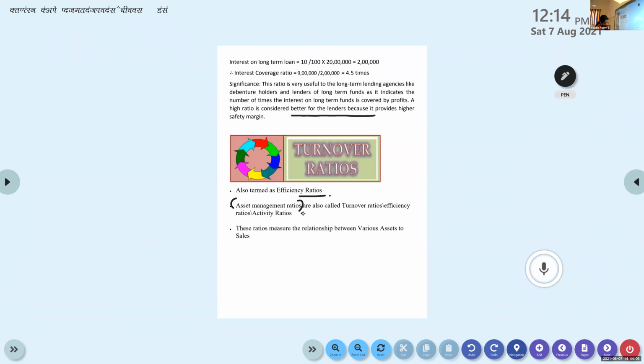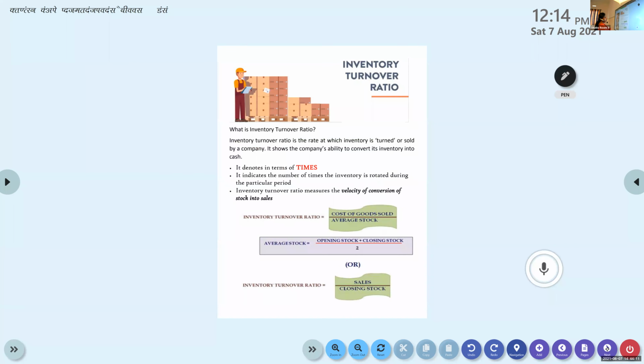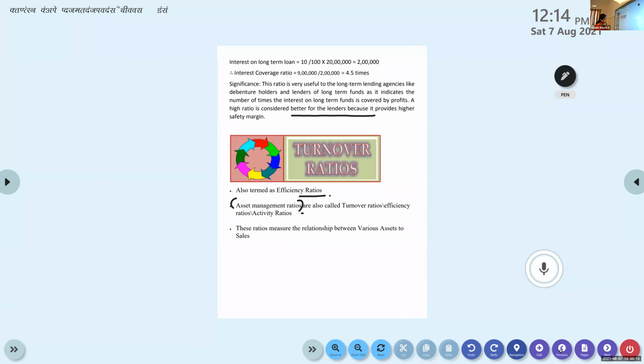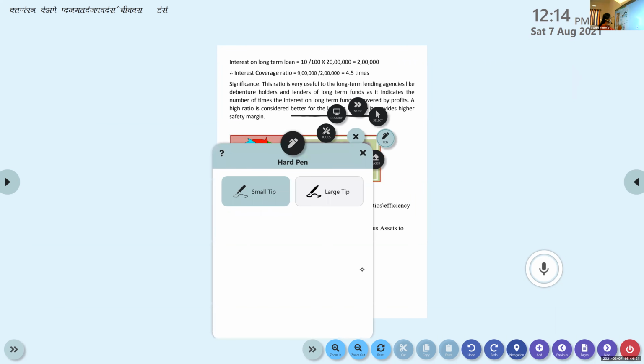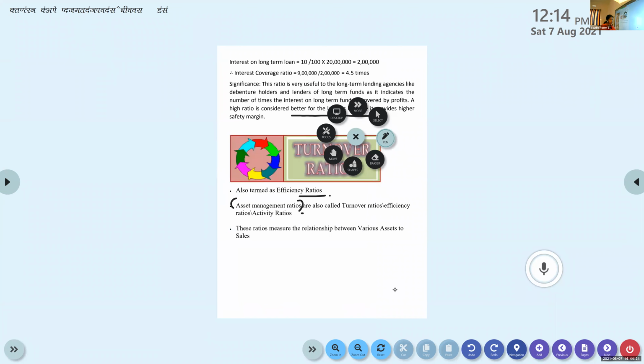And this includes 4 types of ratios. Under the category of turnover ratios, we are going to learn 4. Which are they? The first one is stock turnover ratio. Stock, take down. So what is turnover? Turnover means the sales. So in stock turnover ratio, we are going to find the relation between the stock and the sales.